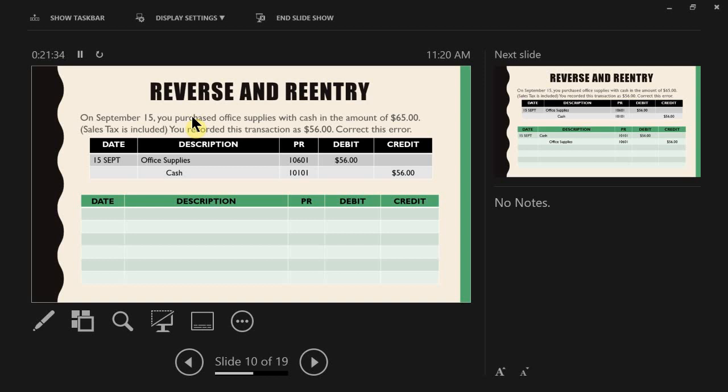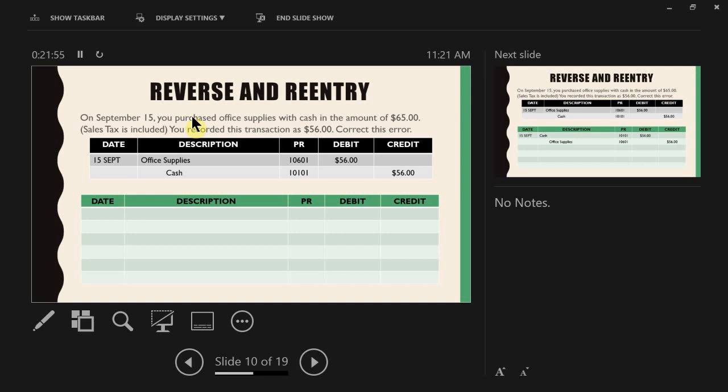I'm just making a round number for the sake of explaining the example easier. You bought it for $65, right? You go and record the transaction, and you record it as $56.